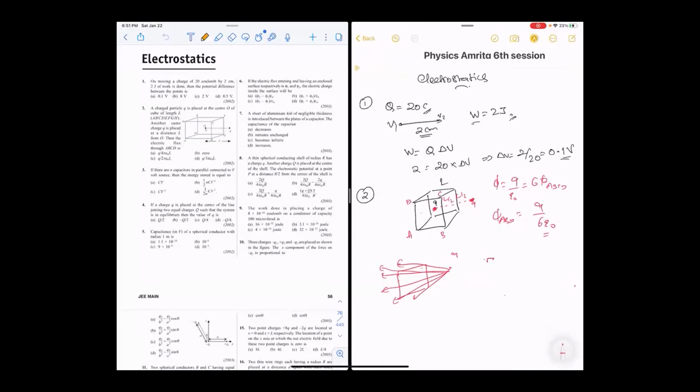I can try it in a different way. This is q by 6 epsilon naught, keep it aside. Now imagine another cube here, and another cube here. So due to this cube, how much will be going through this ABCD?